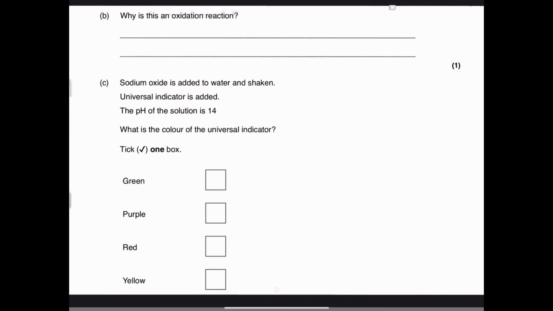So I want you to pause the video here and attempt B and C. C says sodium oxide is added to water and shaken. Universal indicator is added. The pH of the solution is 14. What is the color of the universal indicator? So I want you to attempt quickly B and C. Each question is worth 1 mark.